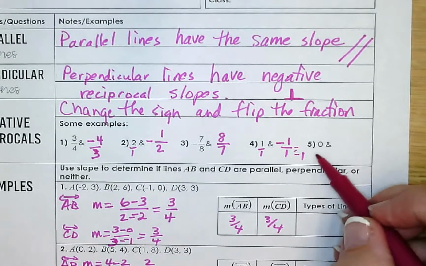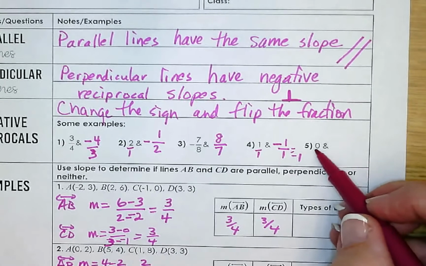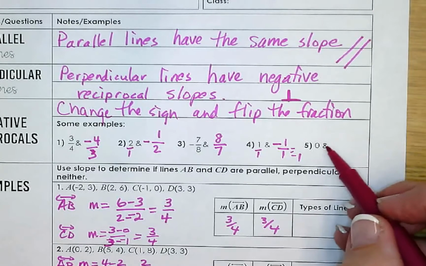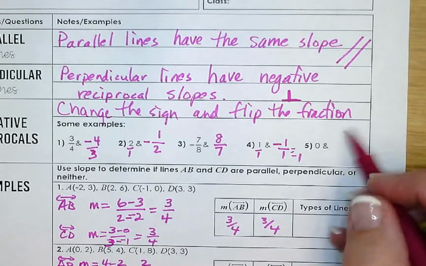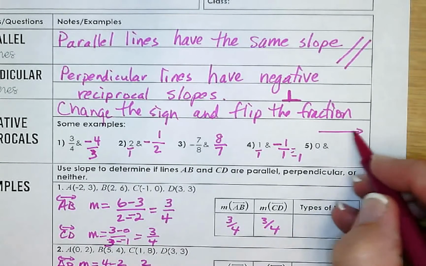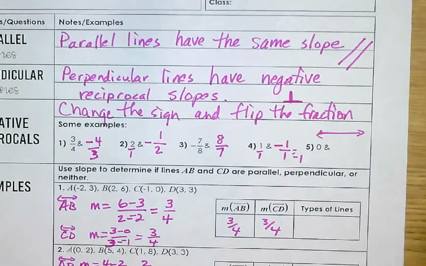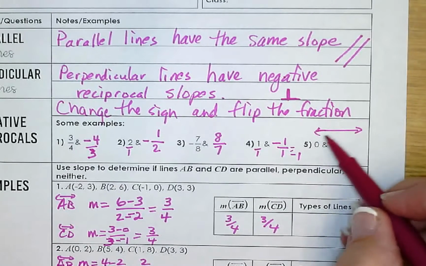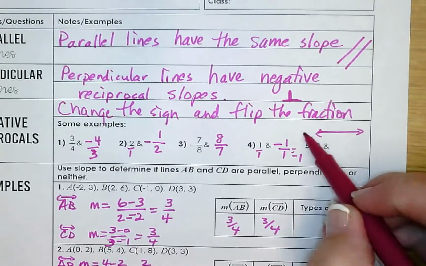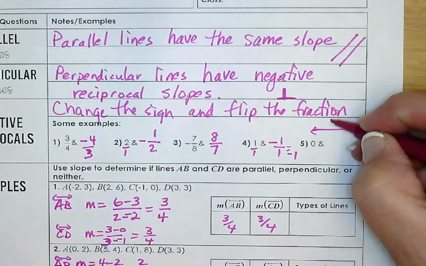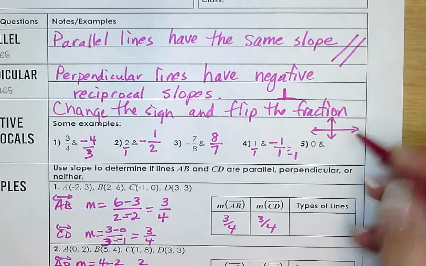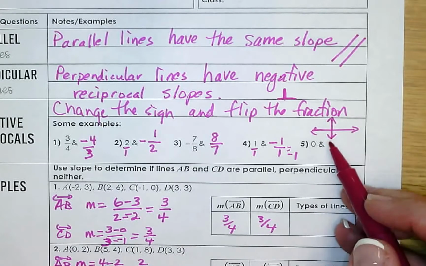Now think about this one. That 0 is not necessarily going to have a negative reciprocal, but if I have a line with a slope of 0, that line is going to go horizontal. Okay, so any line that has a slope of 0 is horizontal, and they're going to be parallel to each other. If I want them perpendicular to each other, that perpendicular line is going to be a vertical line.